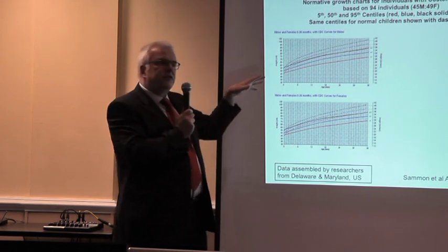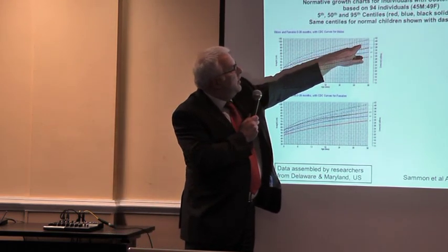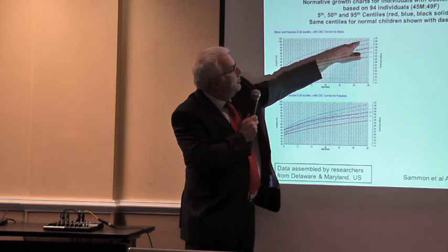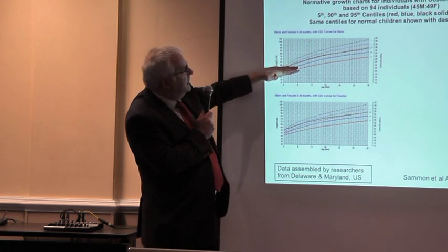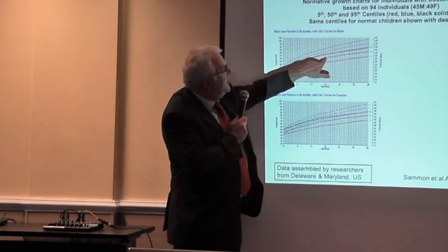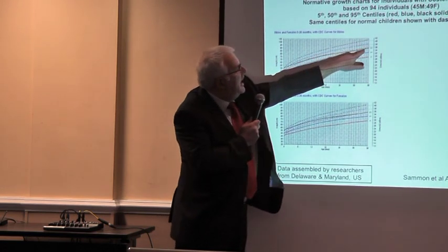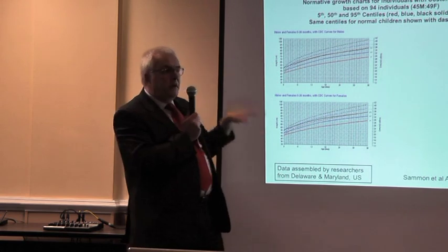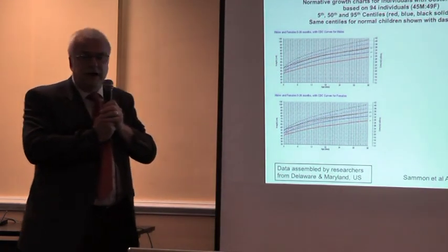And on my previous charts, the normal bottom line is this red dotted one, the average is that one, and the top one is the black one. And if you do the same centile lines for Costello, the lowest Costello one is here, the average here, and the tallest Costello children sit on the lowest normal line. So there's a little bit of an overlap in the range.